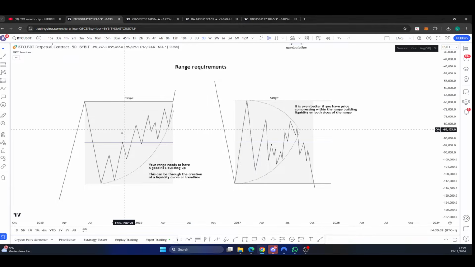This is absolutely key, and it's super important that you have a good return to zone within the range prior to breaking out of the range. And this can be through the creation of a liquidity curve or a trend line, which is explained in lecture 4 of the mentorship. It's absolutely crucial. You need to have a good return to zone within the range in order to have a valid PO3.